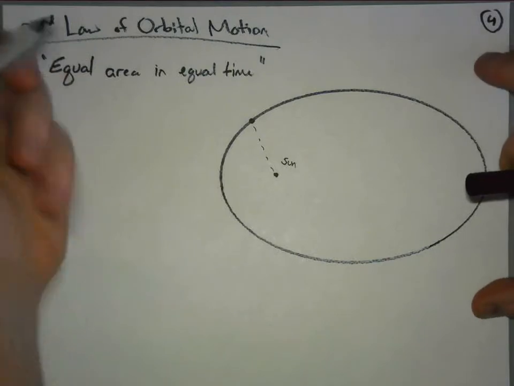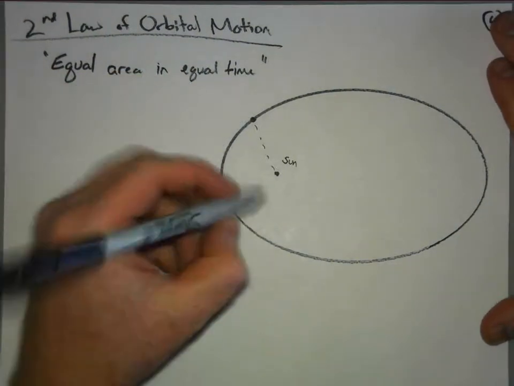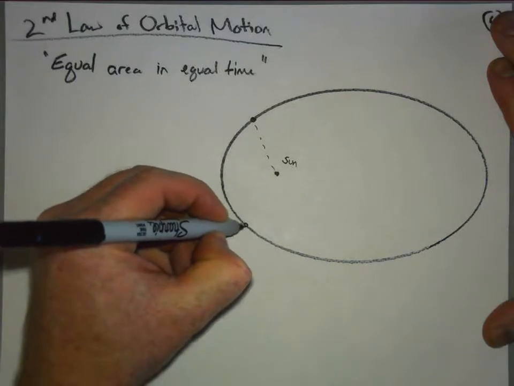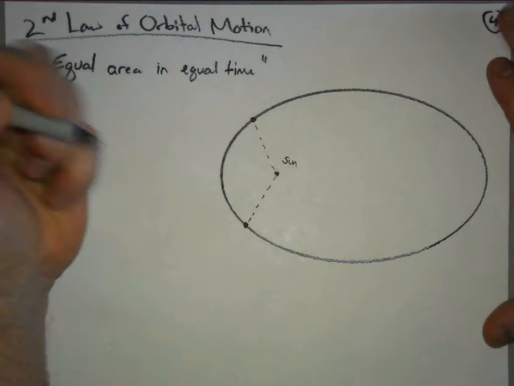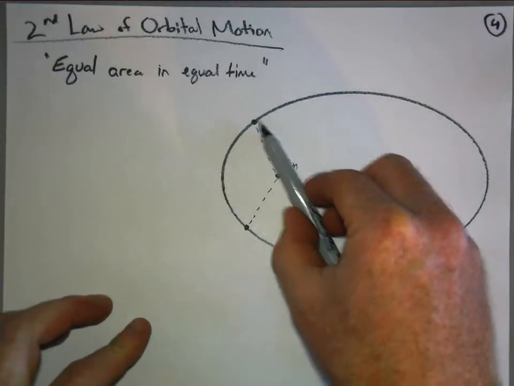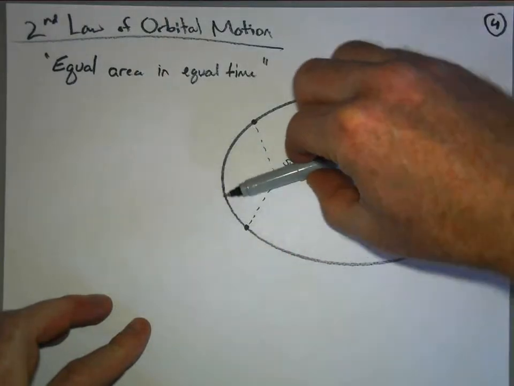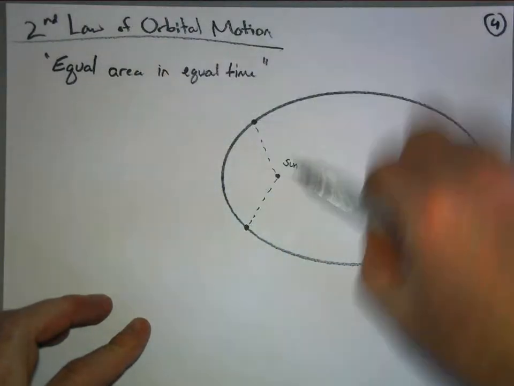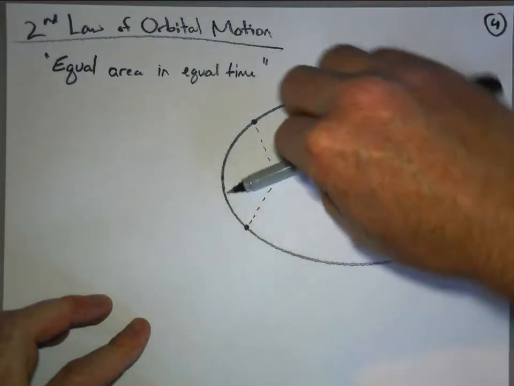So we're going to start with the planet there, and for a certain period of time we watch as the planet orbits, and let's say we stop watching when the planet is here. And I'll draw an imaginary line there. So what has happened is that the planet has come around this way, and this line between the planet and the sun has traced out a certain amount of area.